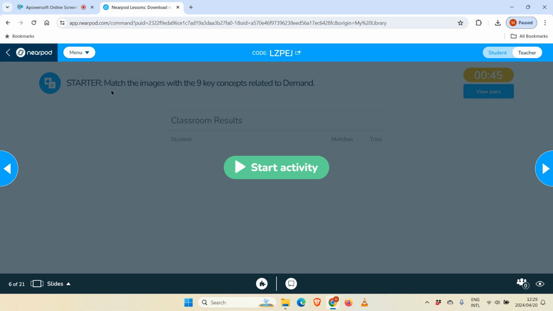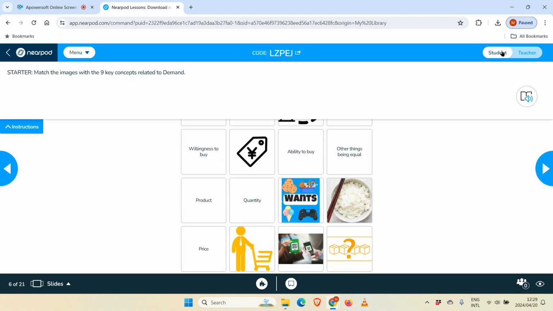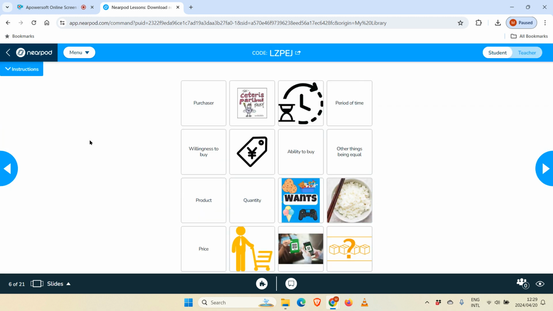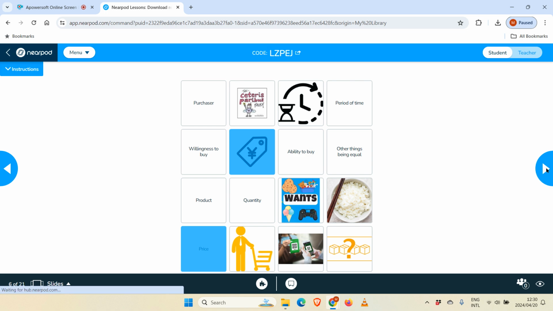Students must match images with concepts related to demand. They're given a time allocation, and they see the instructions and the matching activity. For example, if it's correct, they get the tick mark there. So that shows that students already know a great deal about demand.